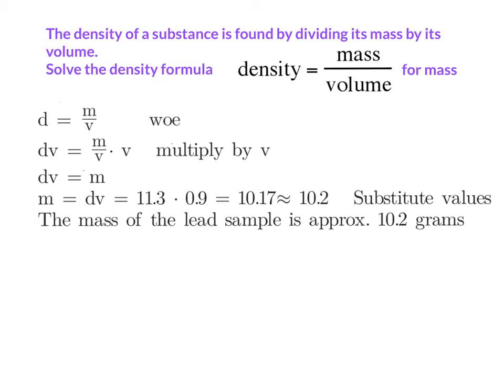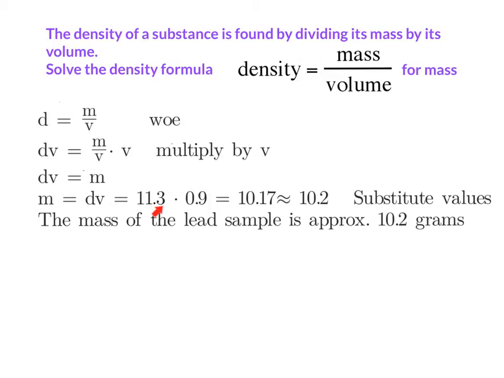So here we have d equals m over v. That matches our formula right there. So I wrote out my original equation. Now I'm going to multiply both sides by v. That's dv equals m over v times v. Then we're left with dv equals m.